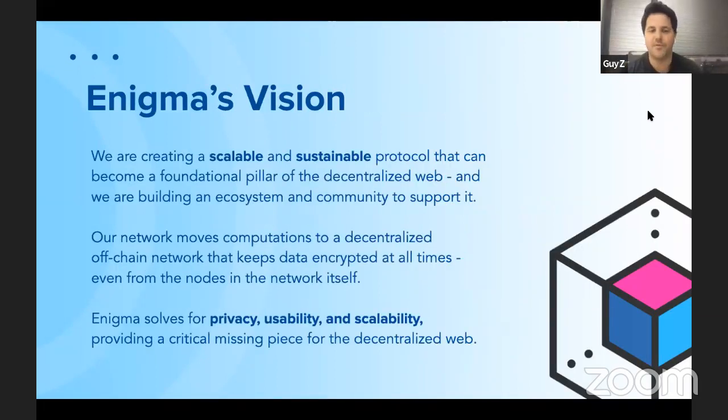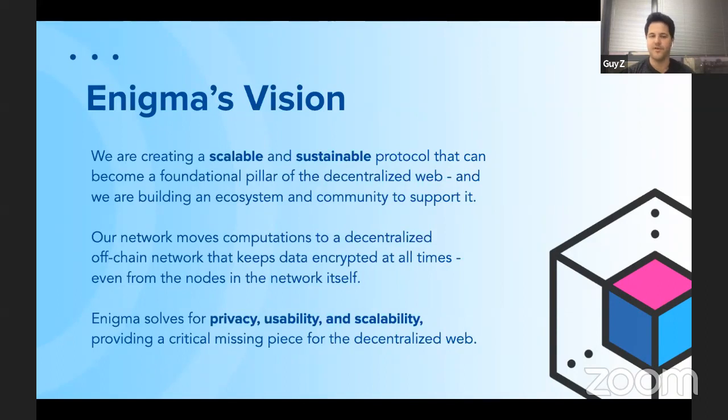So that's exactly what we're trying to solve. We've been working day and night to create a decentralized network for secure computation. Secure computation is really a place where you can run applications, run computations, store data with complete privacy and anonymity. And the way we've been building it, hopefully with a significant dose of scalability.